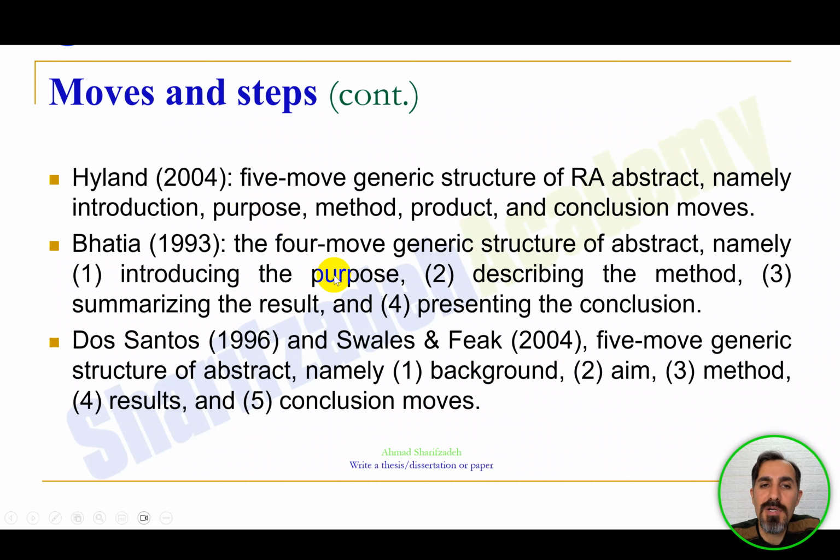And in the purpose or aim section, both deal with the logic behind doing the research. The wording is different, but they are synonyms, and they denote the same meanings.